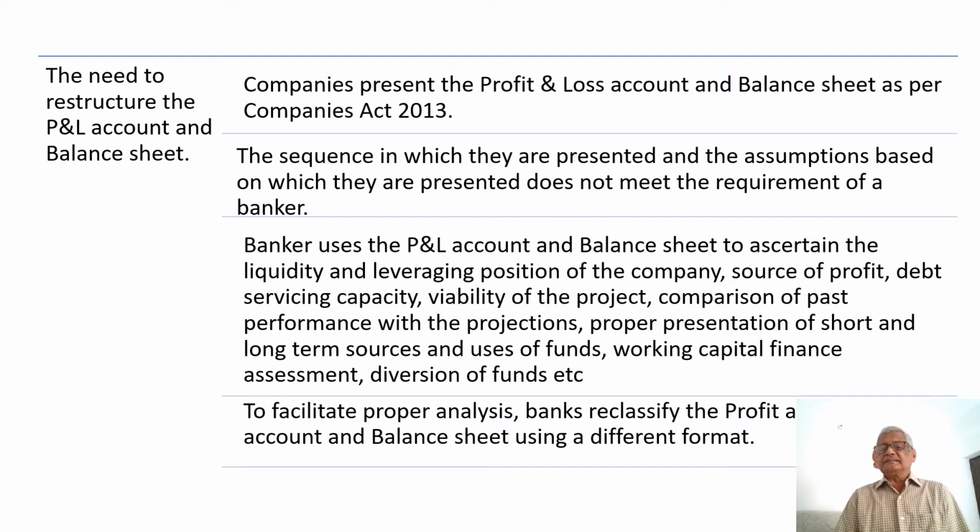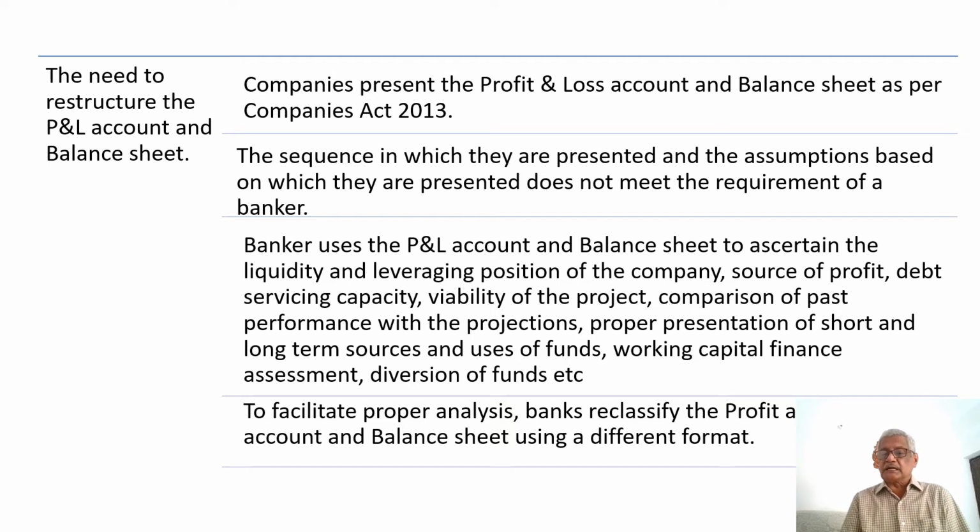The companies present the profit and loss account and balance sheet as per the Companies Act 2013. The sequence in which the various items are presented, and the assumptions based on which they are presented, do not meet the requirement of a banker.